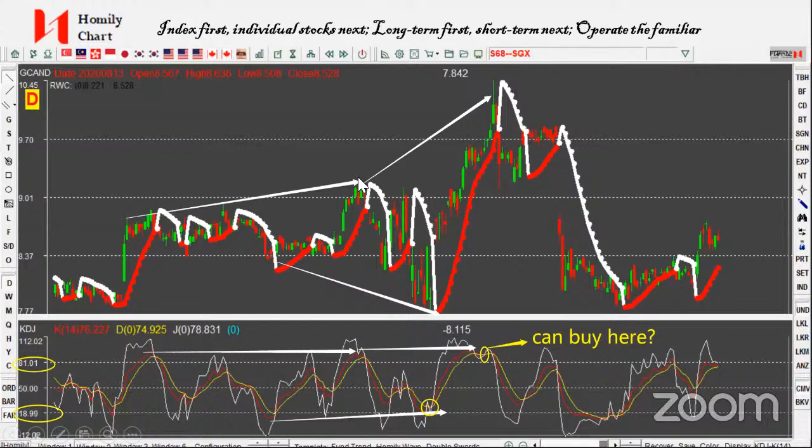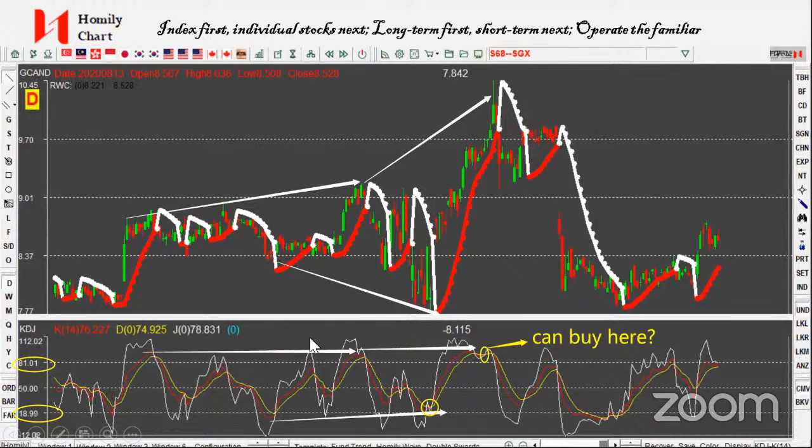So the price becomes higher and higher. If we check the value for K, the red line, this high is here, this high is here. We say it's going roughly flat, actually slightly downward or roughly flat. So this is divergence, bearish divergence.